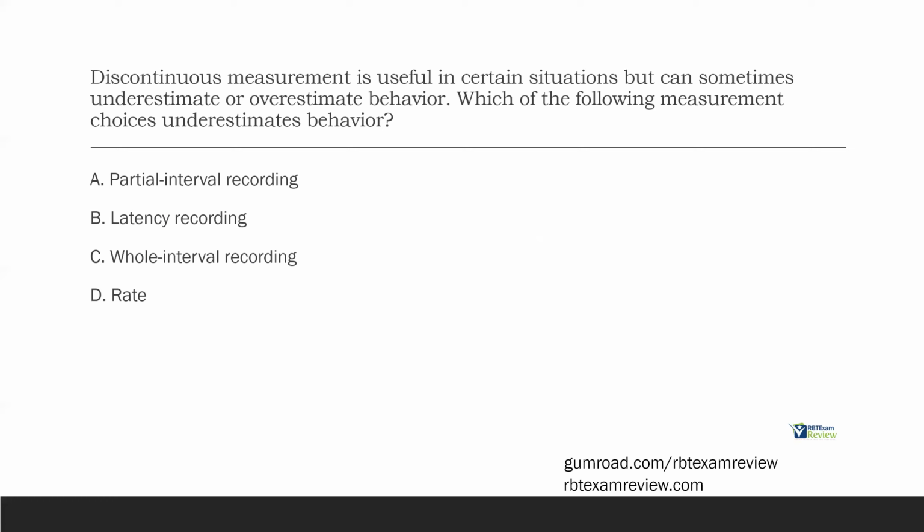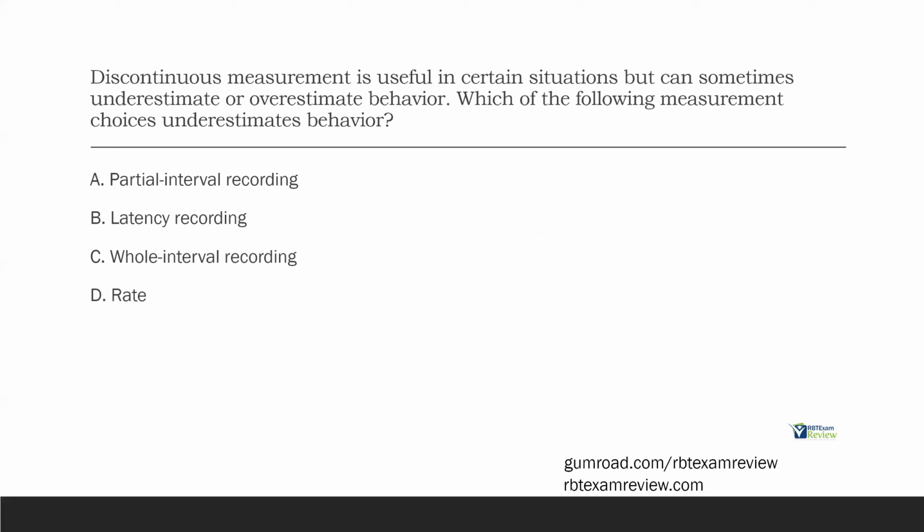Whole interval is going to be the opposite. If we have a 15-second interval, that behavior has to occur all 15 seconds. If that behavior occurs 14 out of 15 seconds, we're not going to record a response. So whole interval is, a lot of times, going to underestimate that behavior.